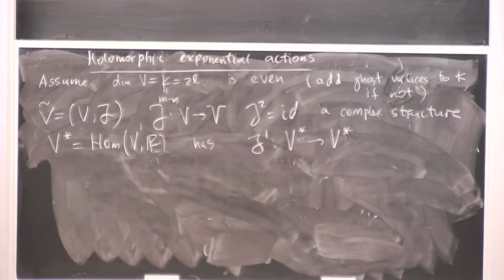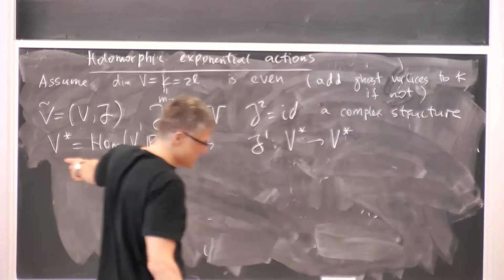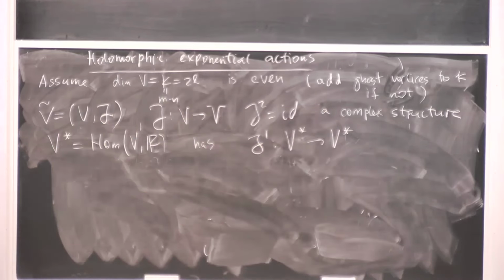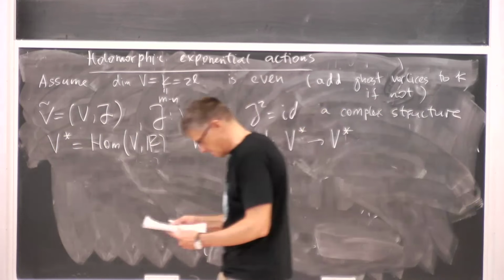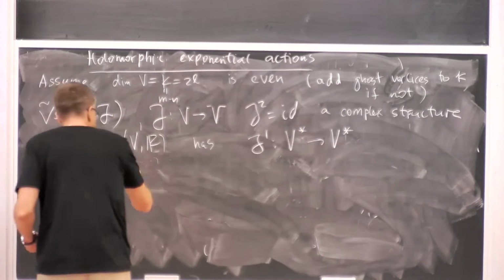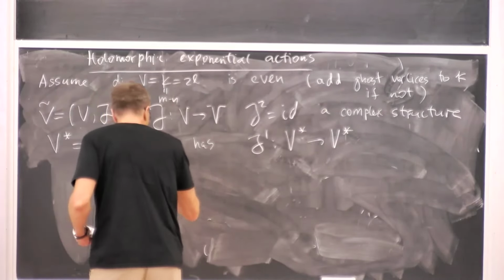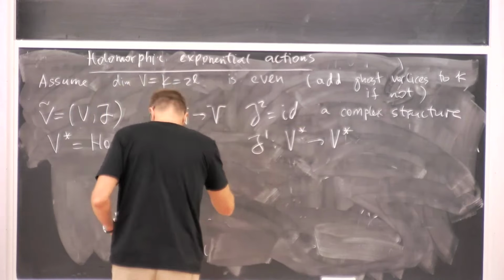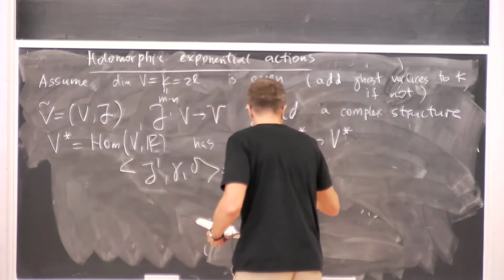Adding a ghost vertex to K results in multiplying U of K with C star. Sorry, with R star in this case. So far, yes. That's just linear algebra. It has a conjugate complex structure defined by this formula.